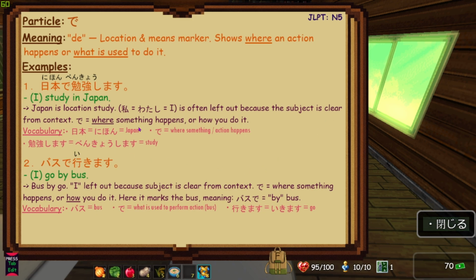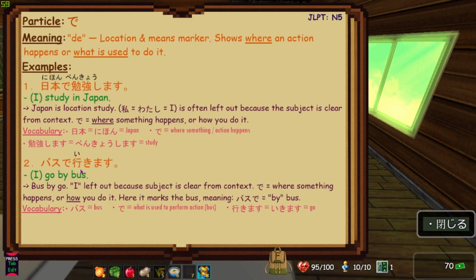De, where something happens or how you do it, and the vocabulary. Now, number 2 is showing you the means. So, what is being used, right? Basu de ikimasu. Basu is a bus. De means by bus. Ikimasu, go.